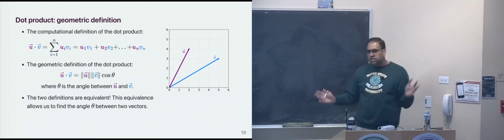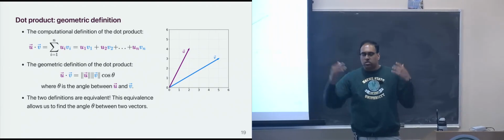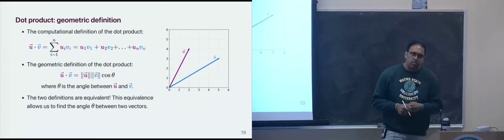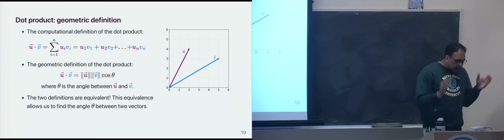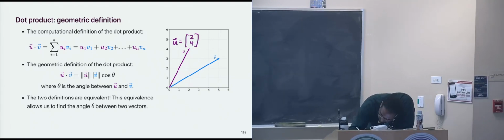Why is this relevant? Well, we'll start to see that as the lecture progresses, and you'll explore this in the new homework that's dropping tomorrow as well. But let's work through this concrete example. Back to our friendly u and v. u is (2, 4), and v is (5, 3).